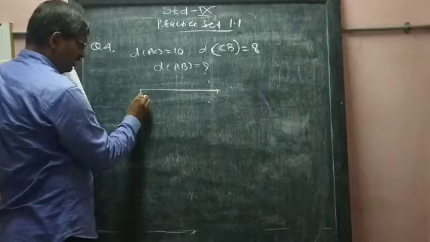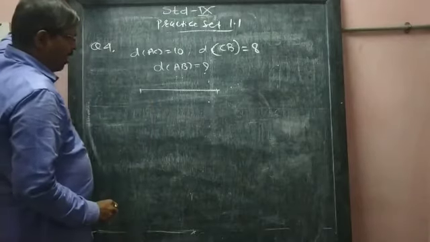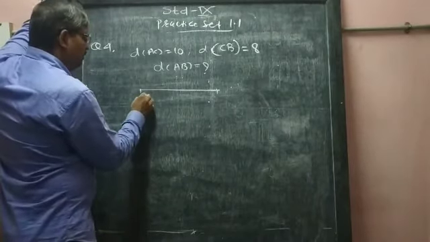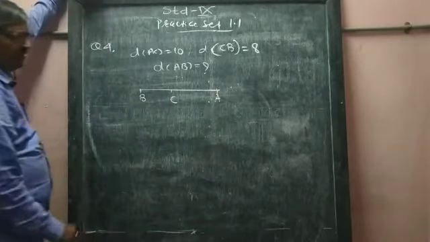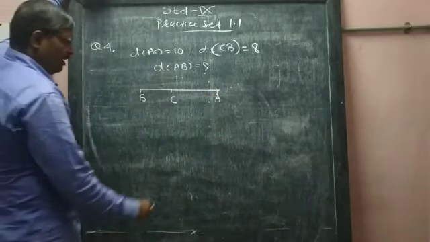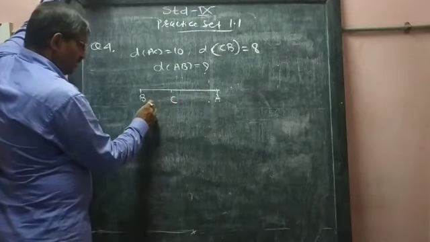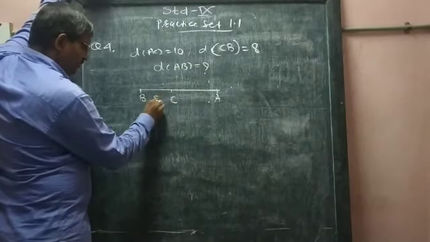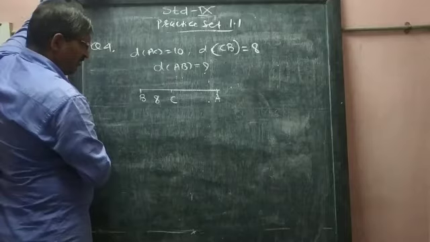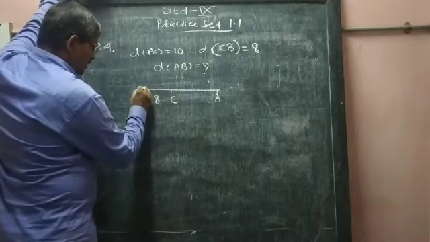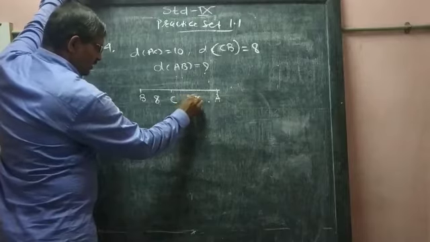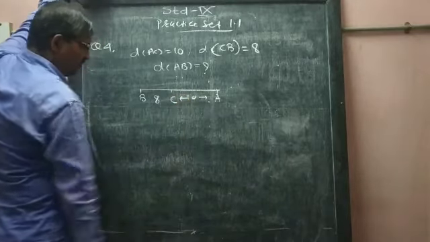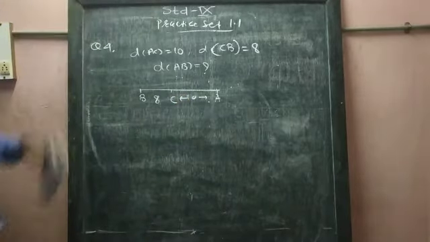Suppose first I take B, here I take C, and here I take A. CB is given 8, AC is given 10, and you should find distance AB.